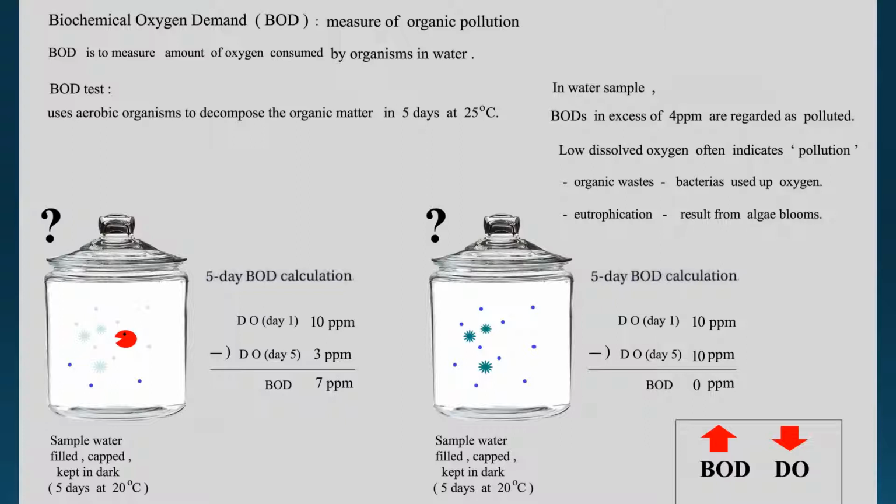Between BOD and dissolved oxygen, you will find a very interesting relationship. When BOD is high, dissolved oxygen is always low. If BOD is low, dissolved oxygen is always high. So they are in an opposite relationship.